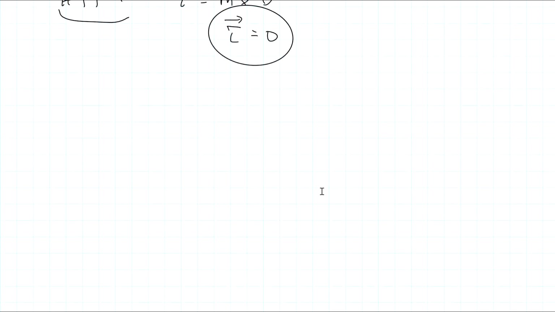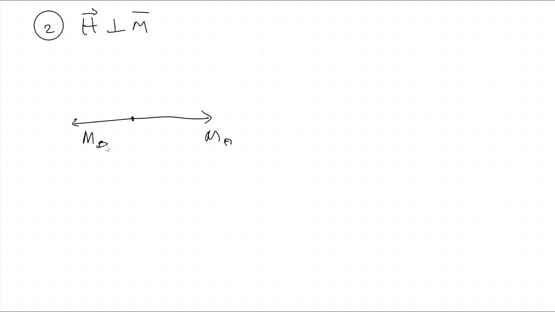Now let's look at the second case. The second case is H perpendicular to M. Imagine now, let me plot sublattice A, M_A, using the same point for the vector, and that's M_B.